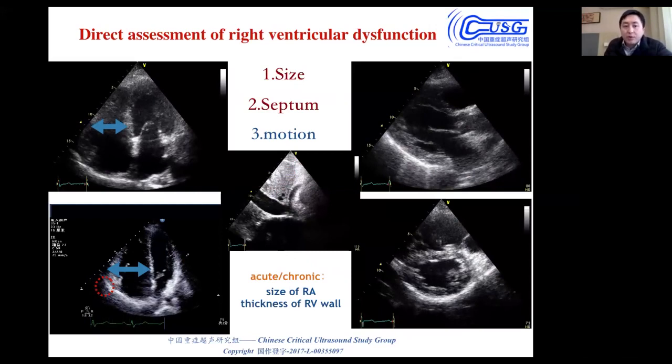So when we assess the right ventricle, there are three factors we should remember. The first is the size of the right ventricle. The size of the right ventricle is very, very important because of the feature of the right ventricle.